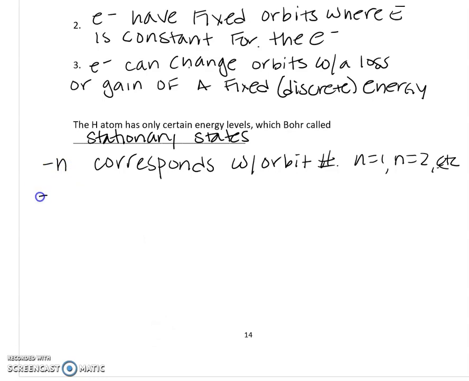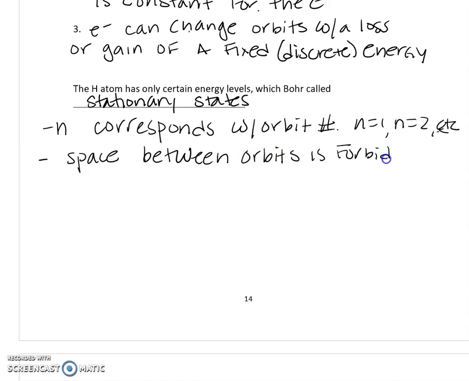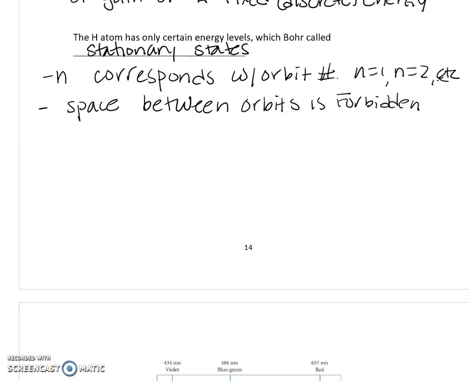Okay, and let's go over a few other things for the Bohr model. The space between the orbits is forbidden. So you will not find an electron in between orbits.